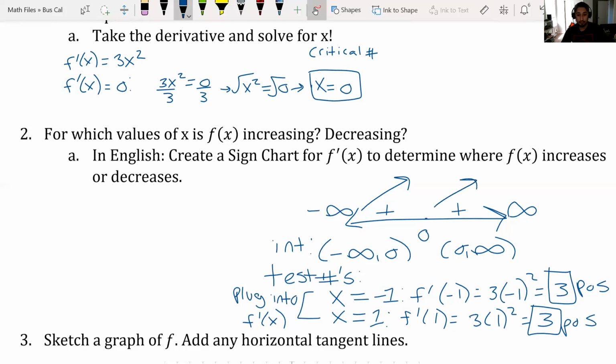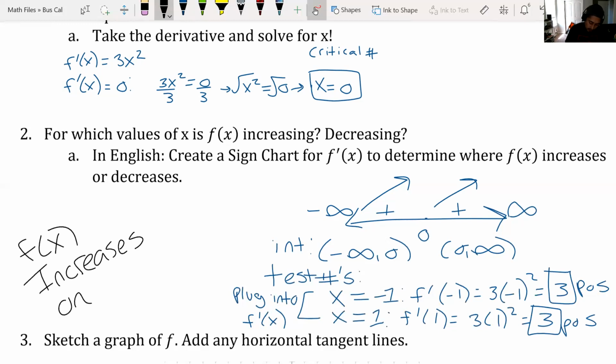Okay, cool. So we increase on all the intervals. So f of x increases on negative infinity, basically to infinity.